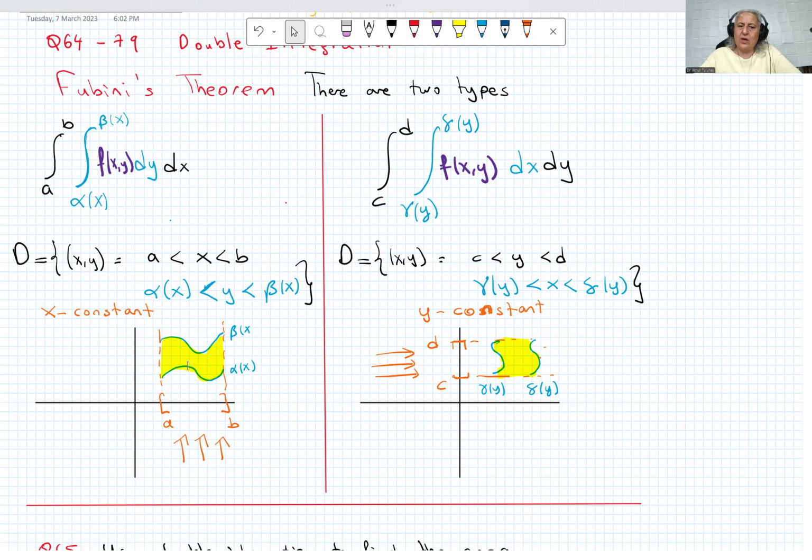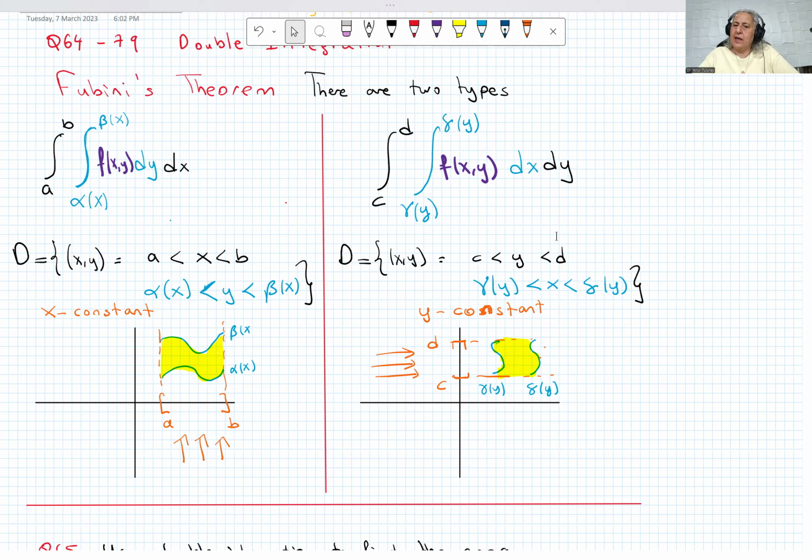So this is how we read. Think about a flow from this direction to this direction with x constant. In that direction, you hit first alpha x, that is your lower boundary. Then you hit beta x, that's your upper boundary.